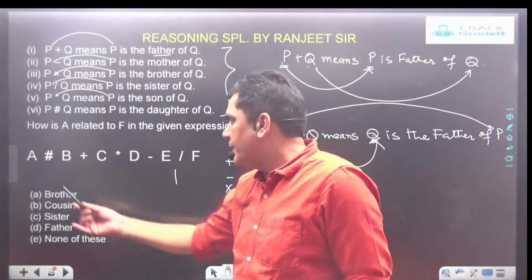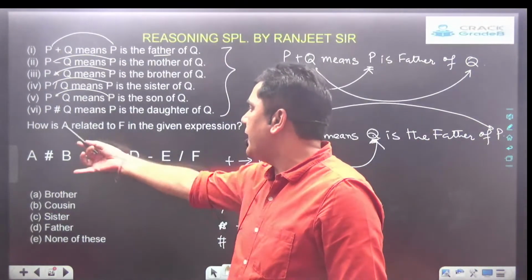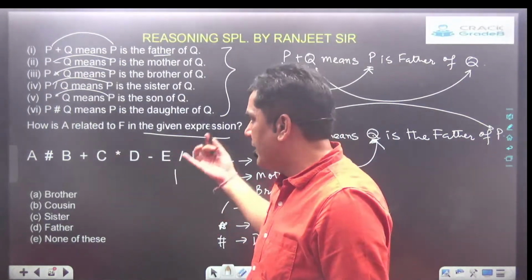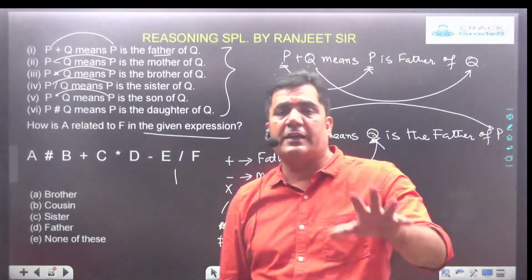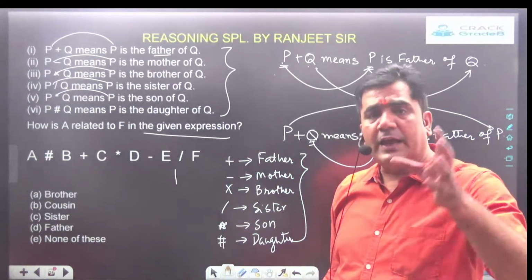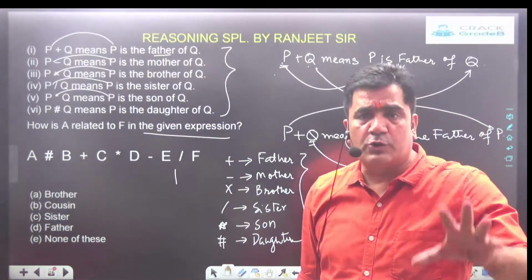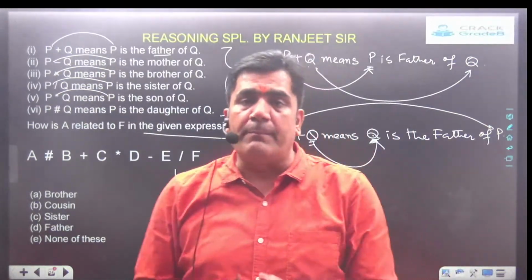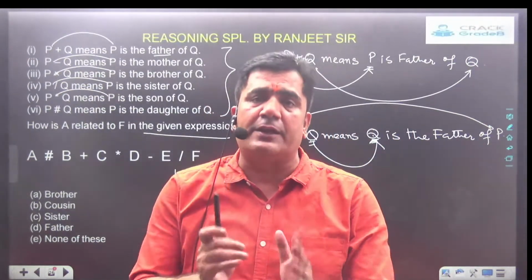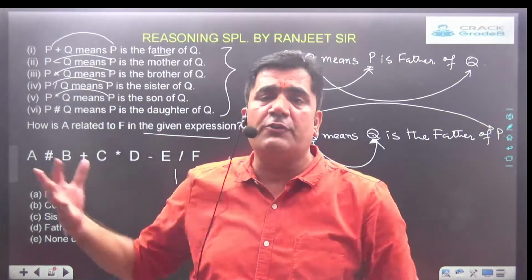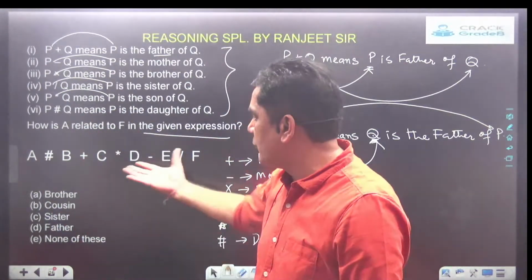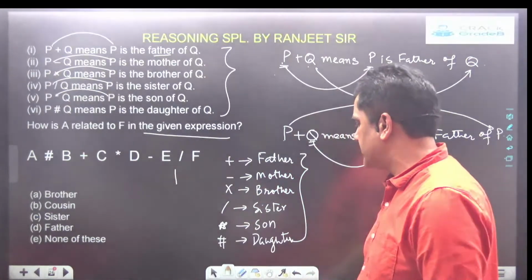Now here they have given one expression, and they are asking how A is related to F. Whenever a problem based on blood relation comes, my job is to draw a family tree. The question is how to plot the family tree of this expression.